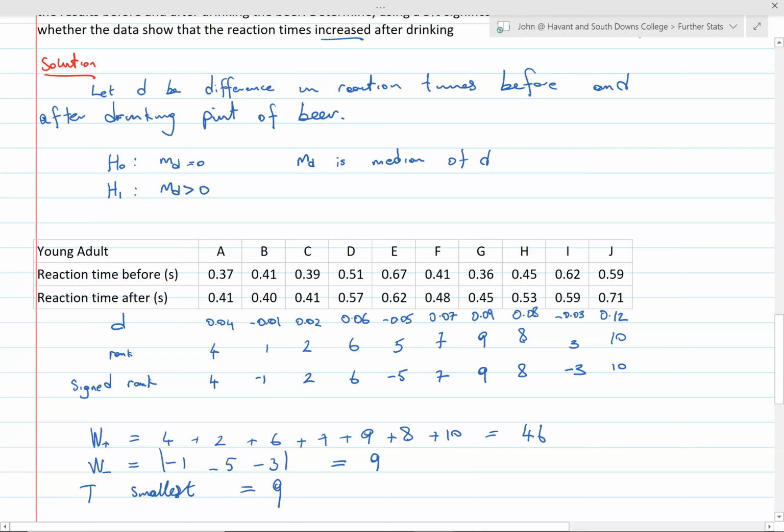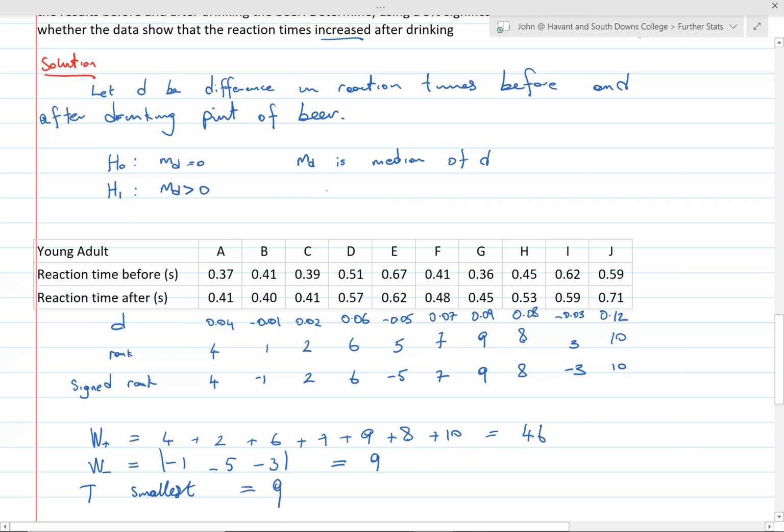Incidentally, because of the nature of the hypothesis going greater than 0, we would always be looking at the W minus here, unless the hypothesis is ridiculous. So here we would probably be looking at W minus because of the nature of the hypothesis, but it shouldn't make any difference anyway.